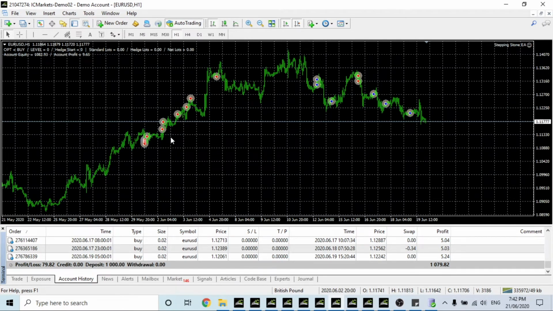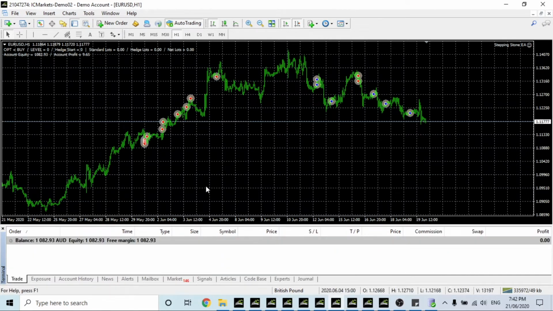This is only running one pair and 0.02 lots. That is it. And every profit is $5. So I'll be interested to see how this goes if you change the settings around a bit. So maybe make the lot size bigger and the profit bigger, and see how that goes. But I won't do that with this one. I'll just let this one run as is.